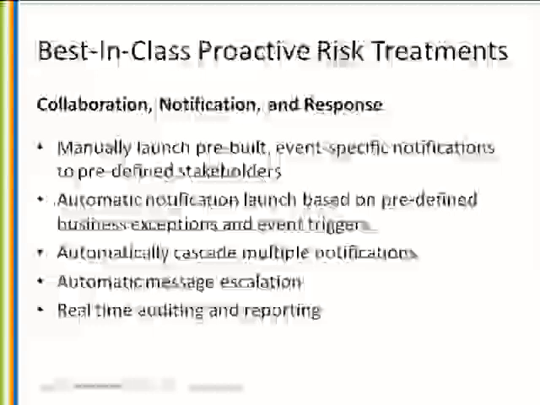And then automatically being able to cascade multiple notifications. Once a communication strategy is invoked, what's the response to that relative to cascading to other potential groups? For instance, you can do that by individual. If you have a key critical supplier or a key critical individual responsible for a supplier, they are notified, and if they can't be reached, then it goes to the next available person.